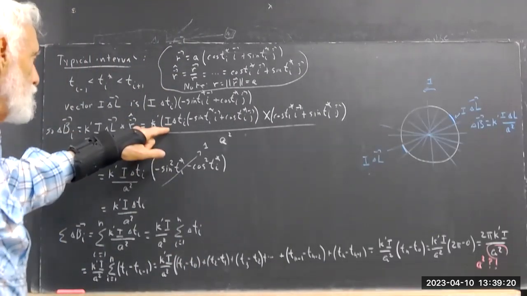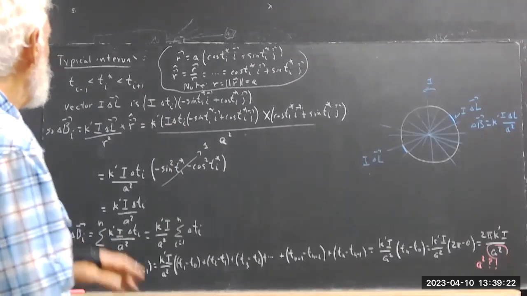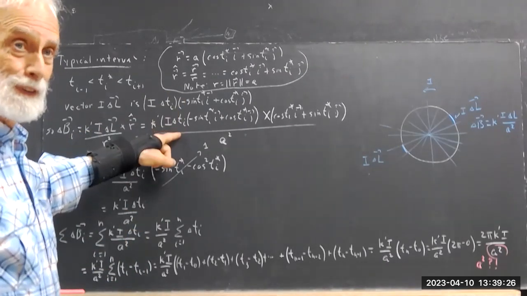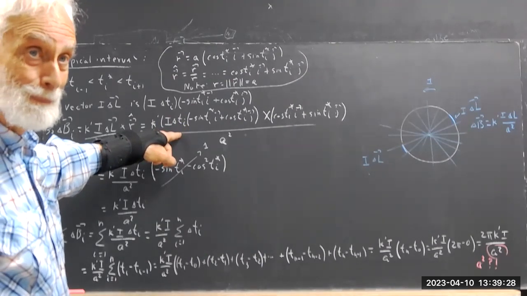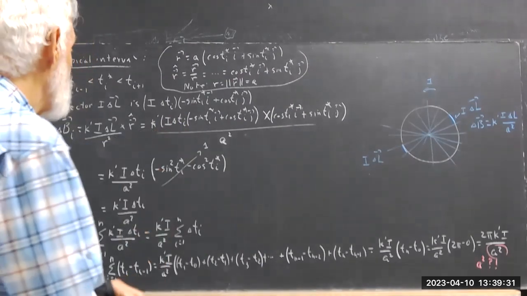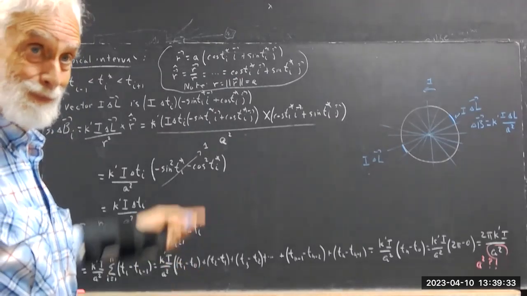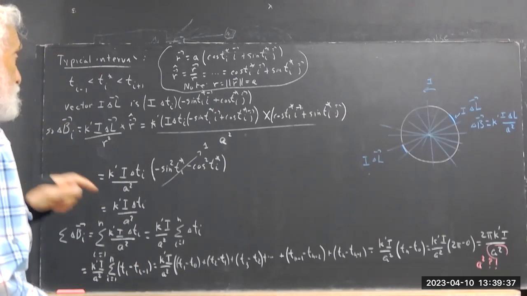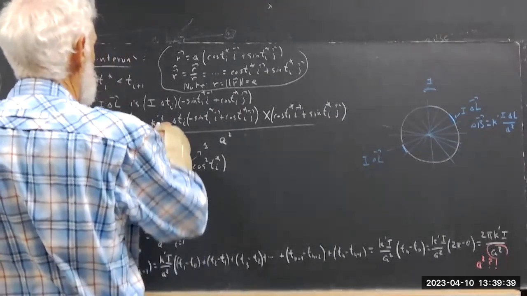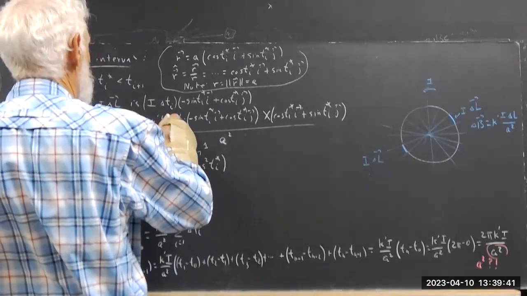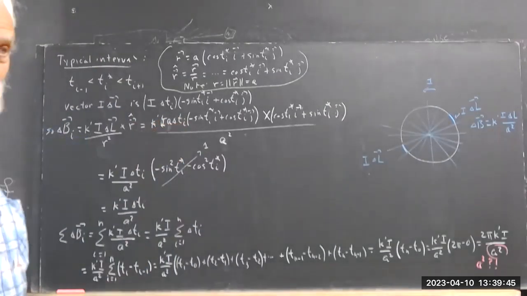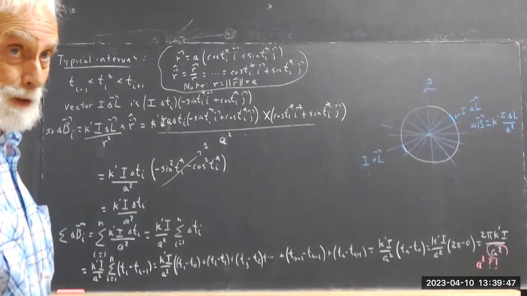Your I delta L is not I delta T sub I. The current times length is not the same as the current times the parameter interval, right? This parameter doesn't have units of length. A delta T sub I, right?